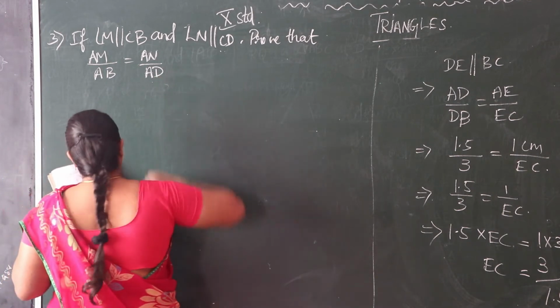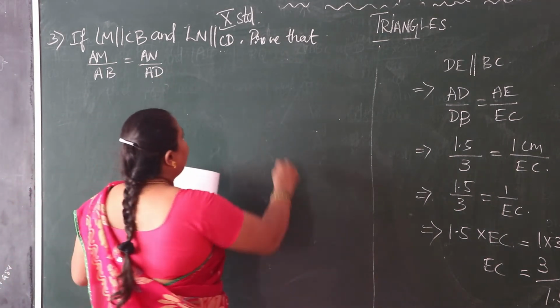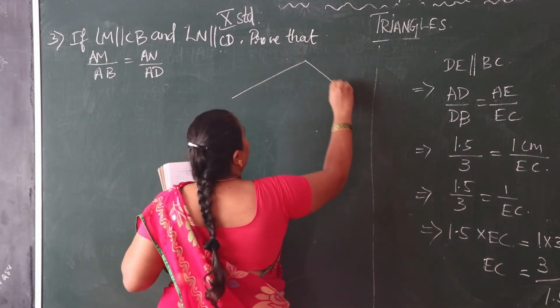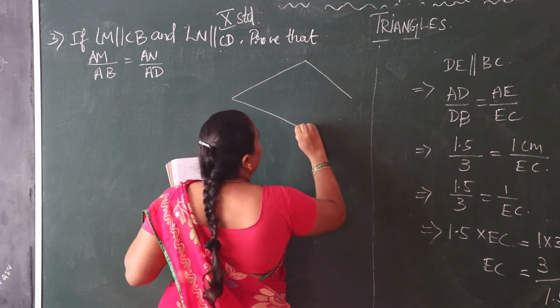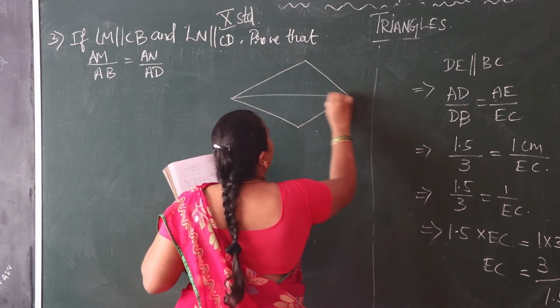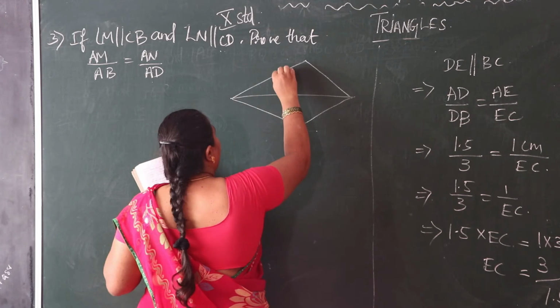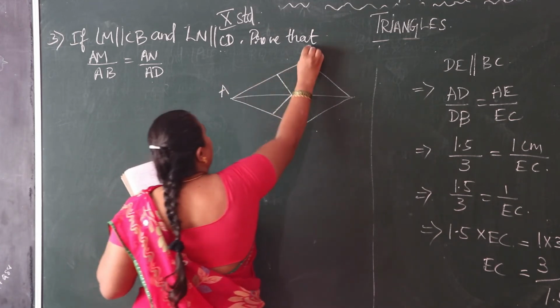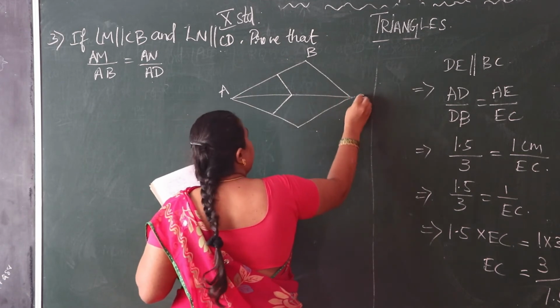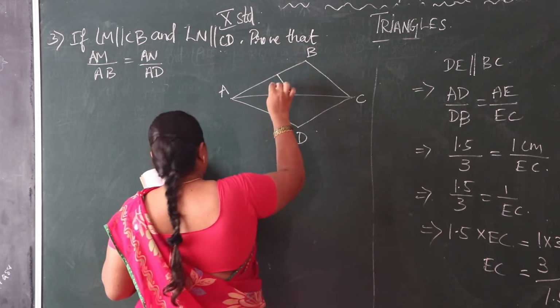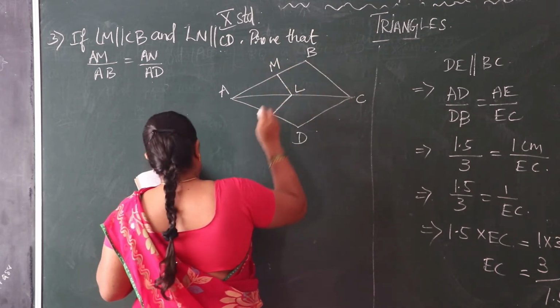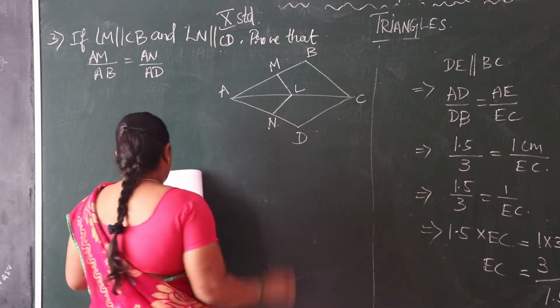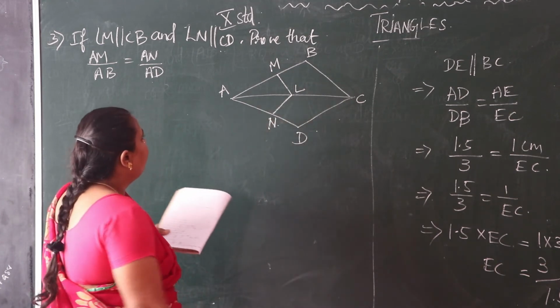Here the figure is given. This is the figure you have. So this is A, B, C and D. Here M, L and N. So what is given here?